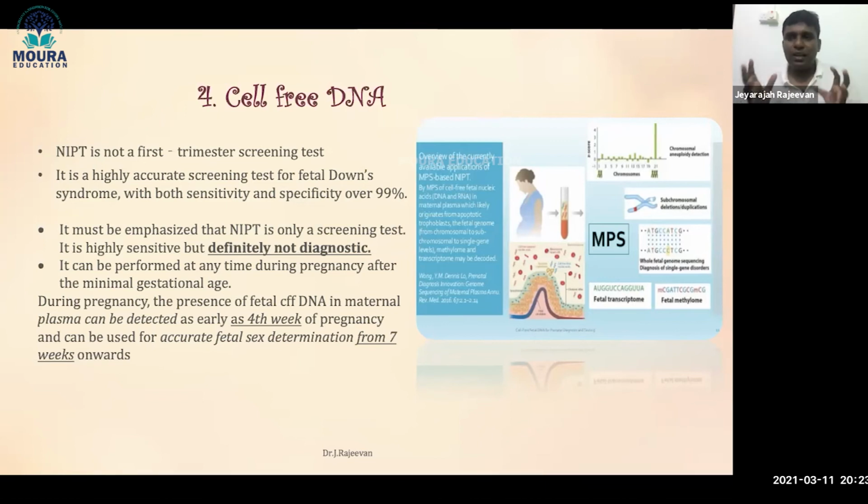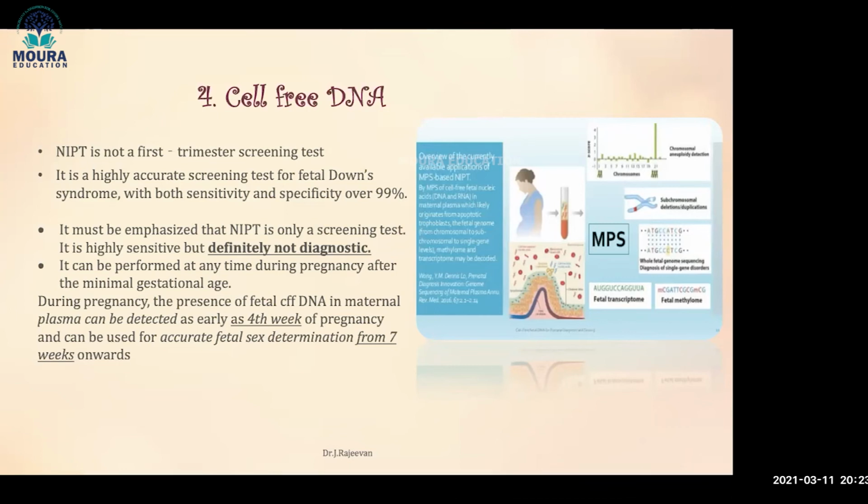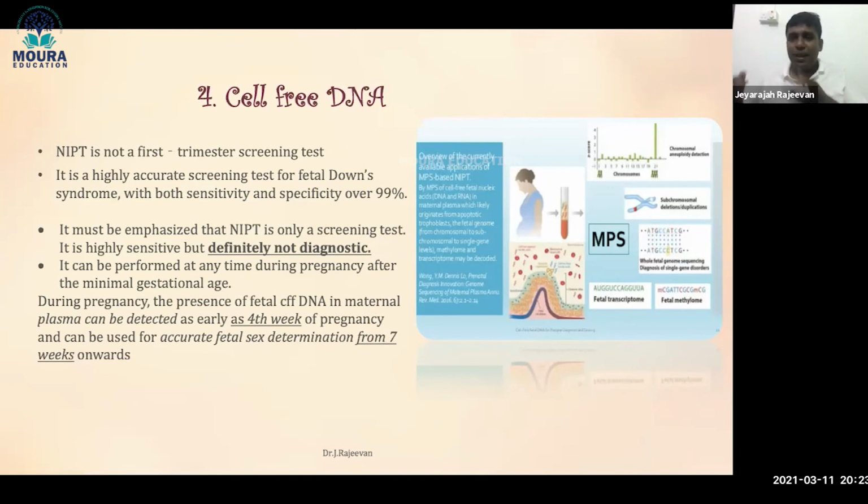Otherwise, usually DNA will be inside the chromosome, and the chromosome will be inside the nucleus, not in the bloodstream, not in a free form. Agree? So when the cells are getting damaged, this free DNA will be in the blood.